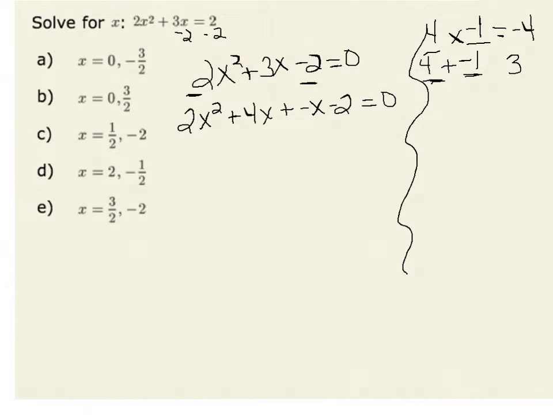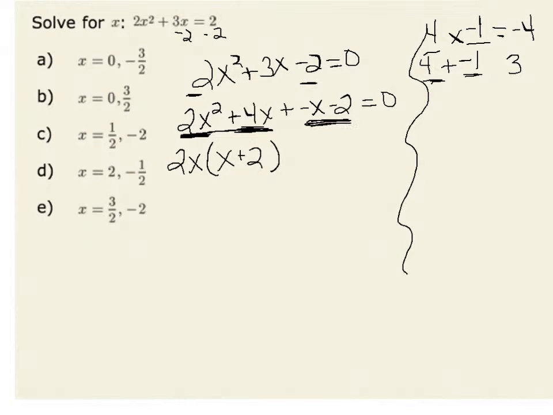Now in order to factor by grouping, I'm going to factor out the greatest common factor for my first two terms and my last two terms. If I look at 2x squared plus 4x, I can see that the greatest common factor is 2x. Factoring out a 2x out of my first term leaves me with x, and factoring out a 2x for my second term leaves me with 2.